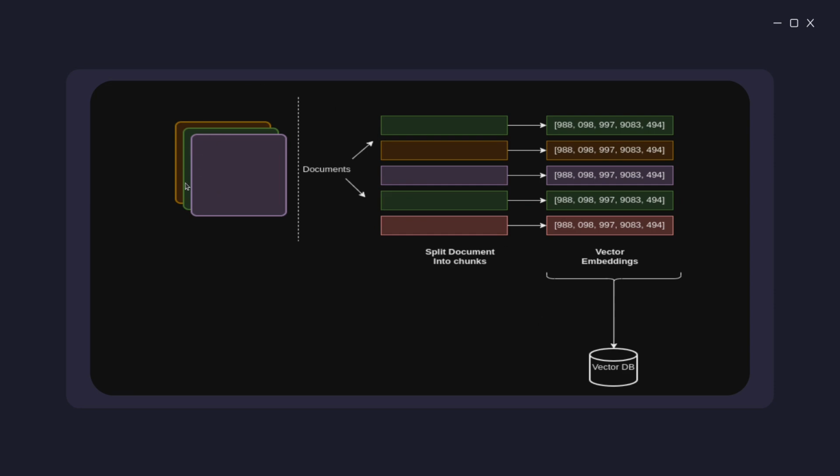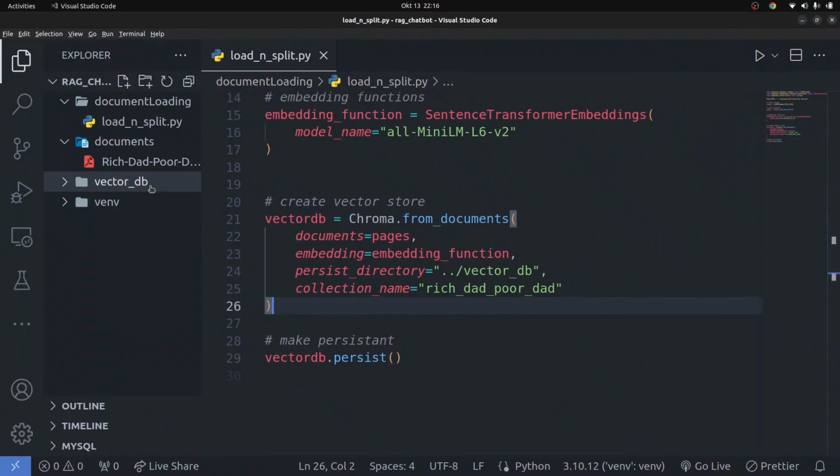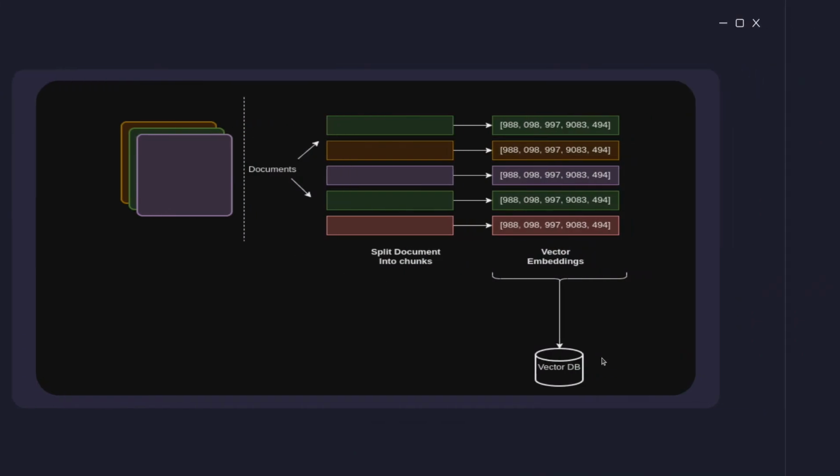We started off with the original documents with different pages, broke them down into smaller chunks, created vector embeddings of each, and then stored those vector embeddings in a database. That's all we have done till now, right? Good. The database that we have created is called vector DB, which is our Chroma vector database. Good. Now you have the vector stored.